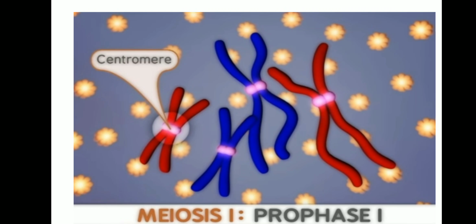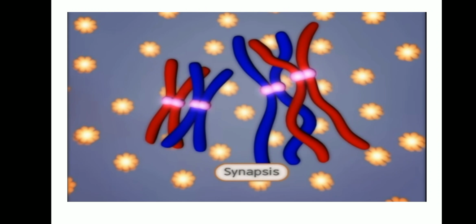So the chromatin threads condense and form a chromosome. What is a chromosome? Chromatids attached to the centromere. The centromere is in the middle, and the chromatids get attached to it.